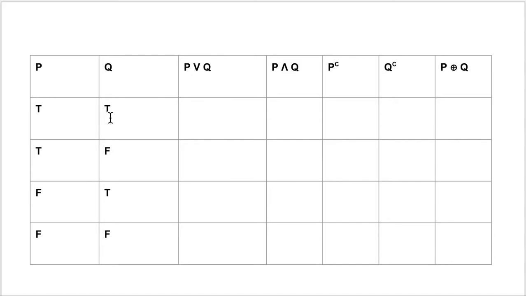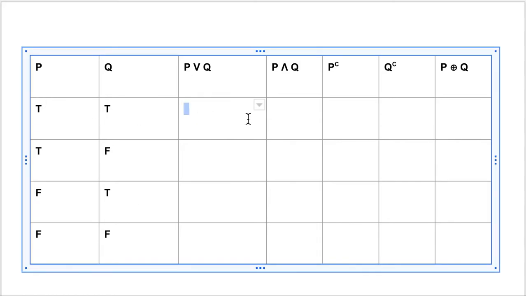So true or true would be true, right? True or false would also be true, because at least one of them has to be true. False or true, again this is true, but false or false will be false. So if either P or Q is true, then P or Q will be true.